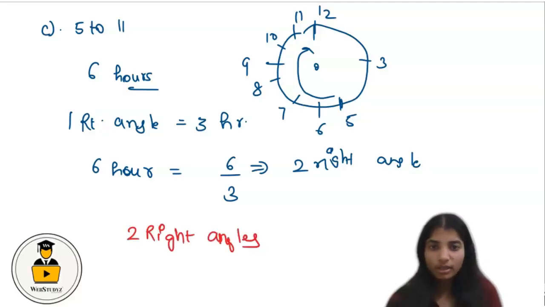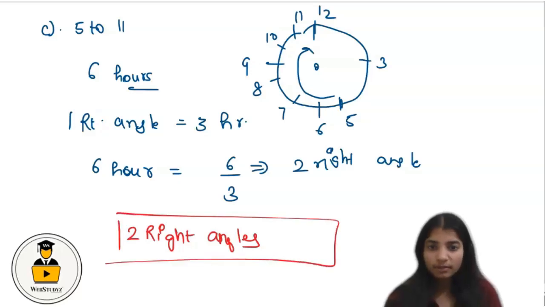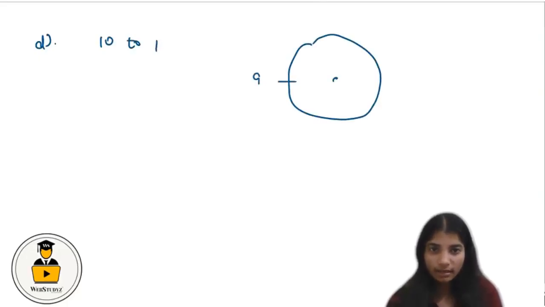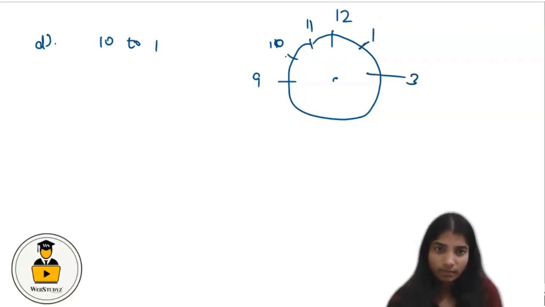Now let's move to the next part. In part D, we are given that the clock moves from 10 to 1. Again here, this is 9, then from here is 12. So 9, 10, 11, 12 and here is 1. It moves from 12 to 1.